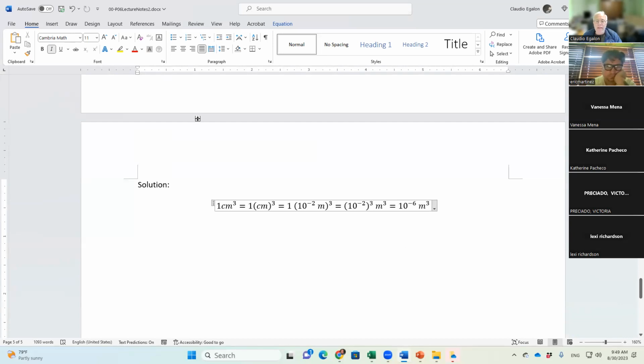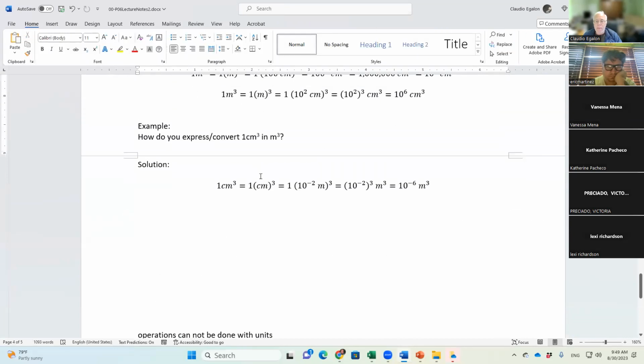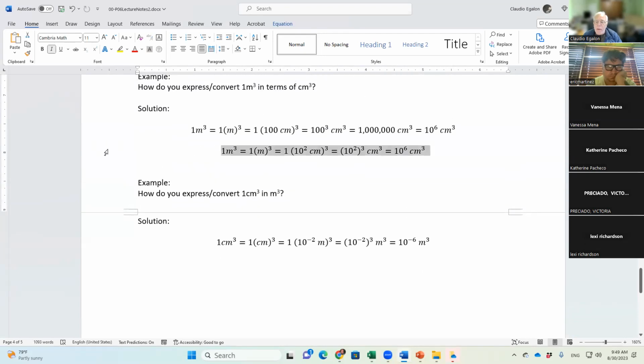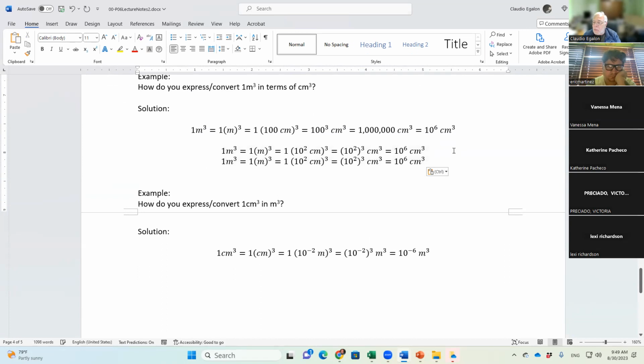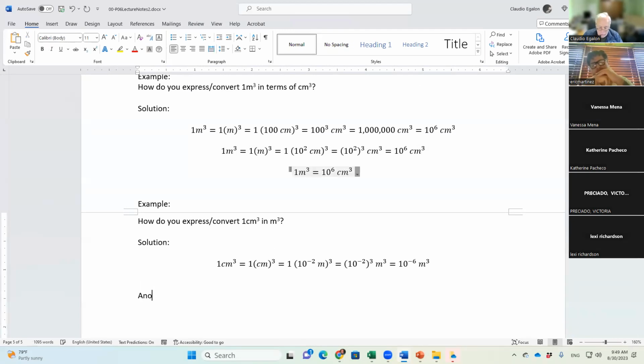And instead of doing all those steps that I showed to you here, there's another way of solving the same problem. I'm going to use this result here to rewrite the cubic centimeter in terms of my cubic meter. Another simpler way of solving this problem is by using the previous result we got.